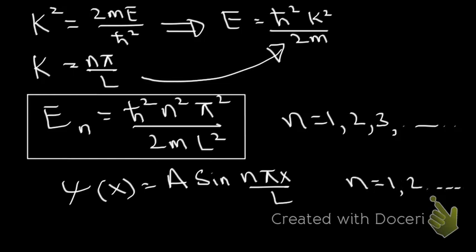In this we have to find A. We don't know the value of A, but we do know that the particle, the electron, is definitely going to exist inside this potential well. That's how we started our problem.